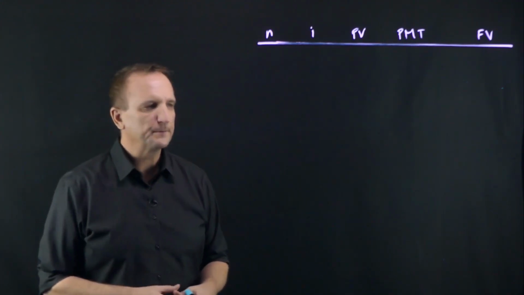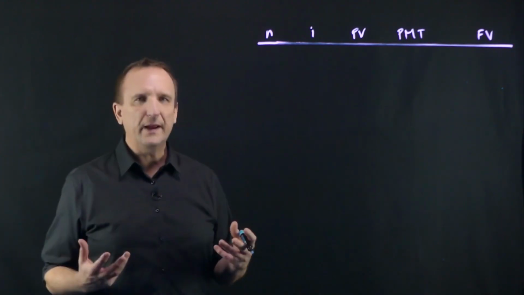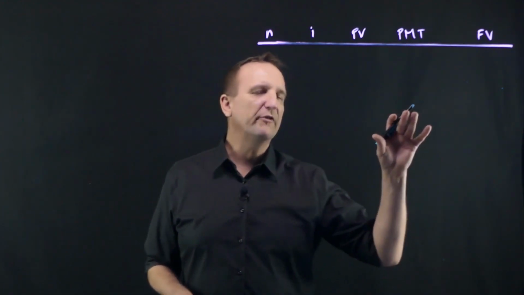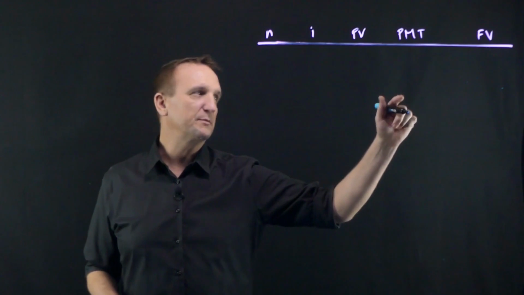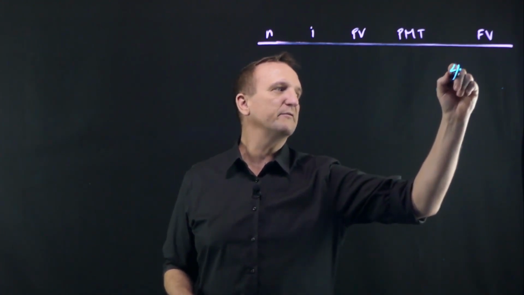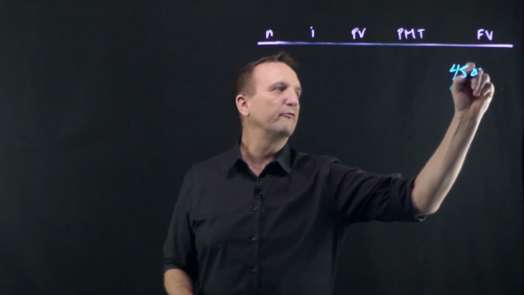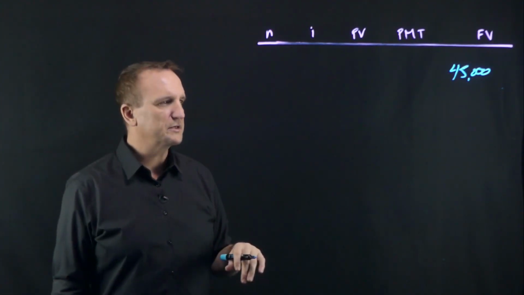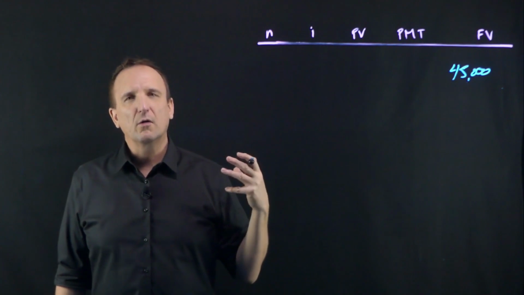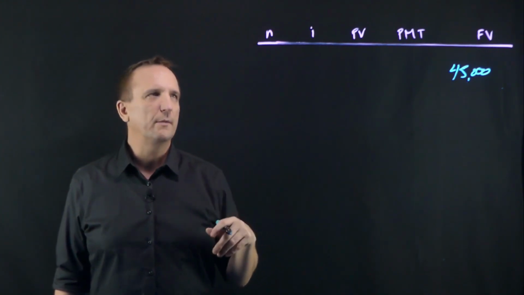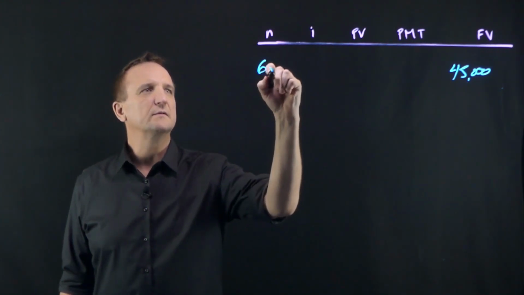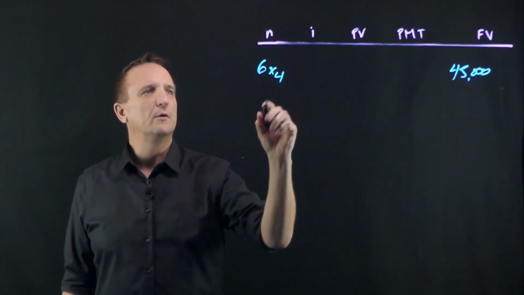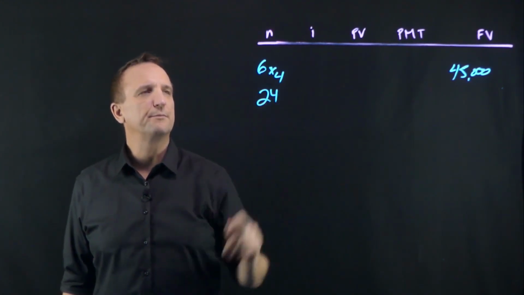So here's how that would look. We have a payout that we're expecting of $45,000 at the end of the investment, which means that we're going to get a positive cash flow of $45,000 at the end of 6 years. But we want our return to be quarterly compounded. So it's going to be 6 times 4, which is 24 periods.